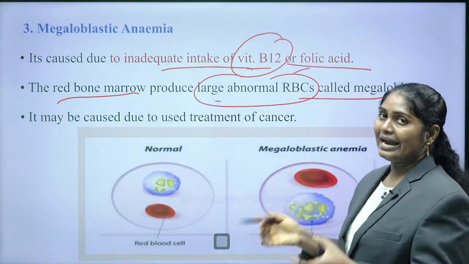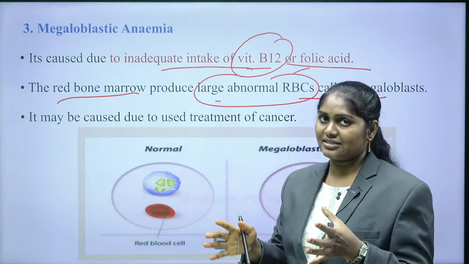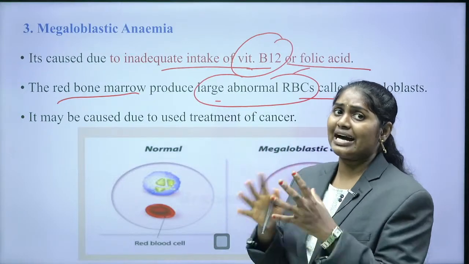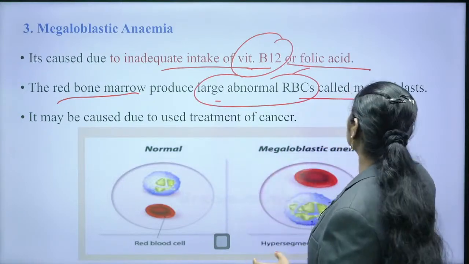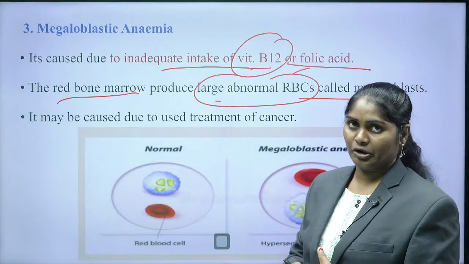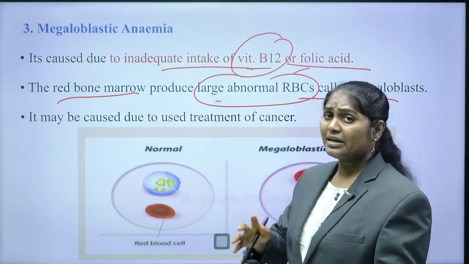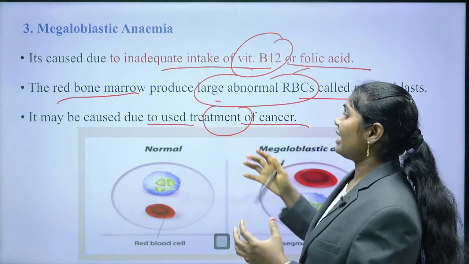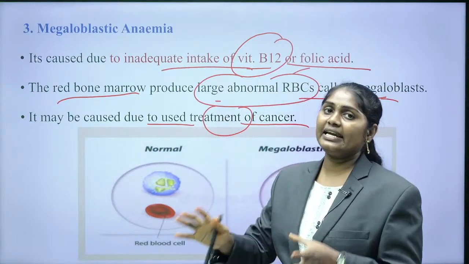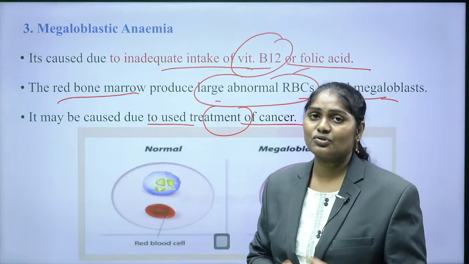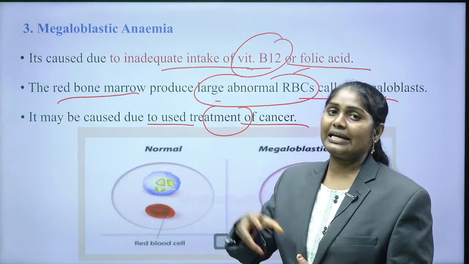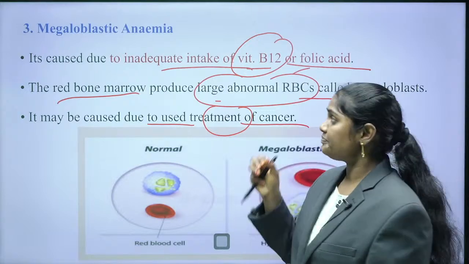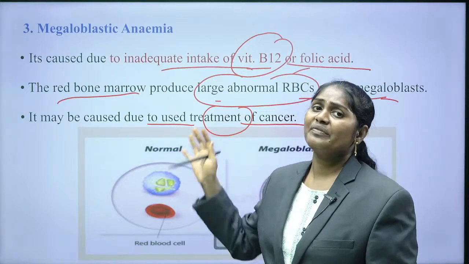Because of that, you will have large cells. I told you the bone marrow will produce large cells to compensate the hemoglobin. Normally it is produced like that. But it is also caused by treatment of cancer. Especially in treating cancer, this type of condition is common. The people who are being treated for cancer will have megaloblastic anemia as a side effect.